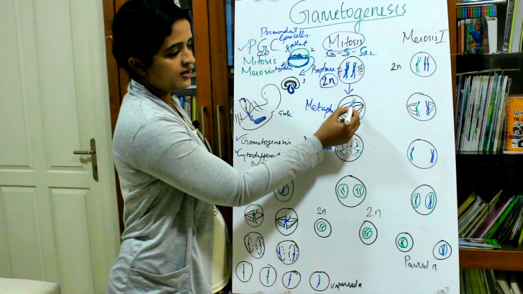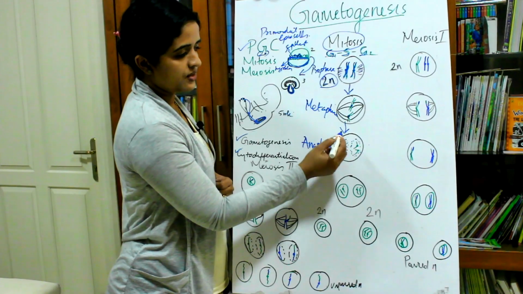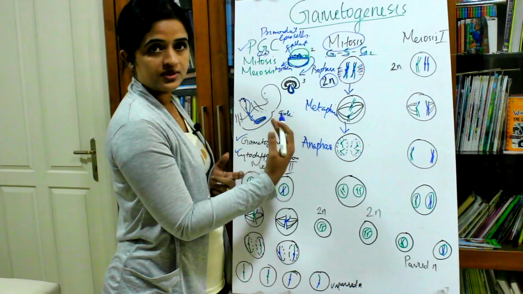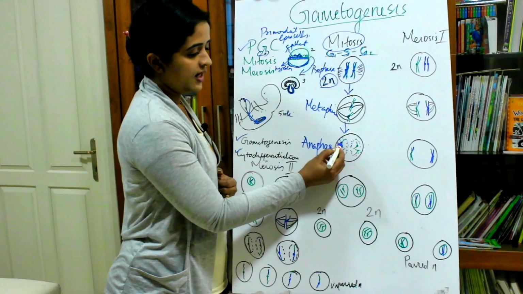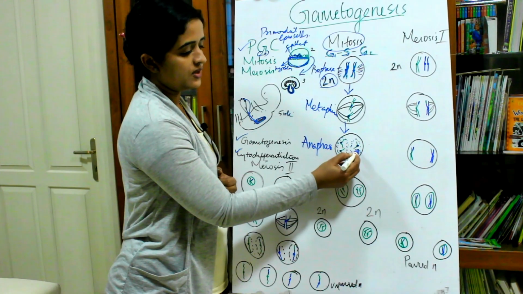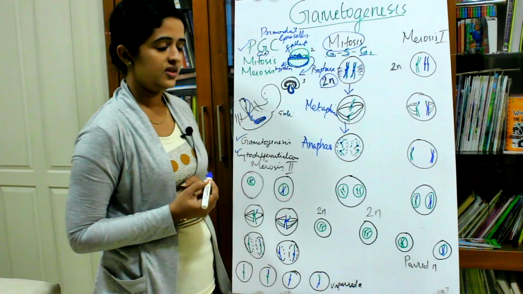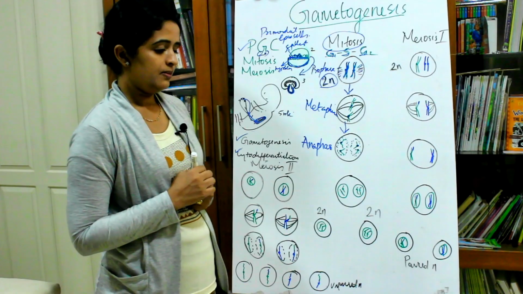You can see there are two centromeres here. As they are pulled apart, the centromere is also equally divided, and again you will get two centromeres at either pole, and they are getting covered with the nuclear membrane.